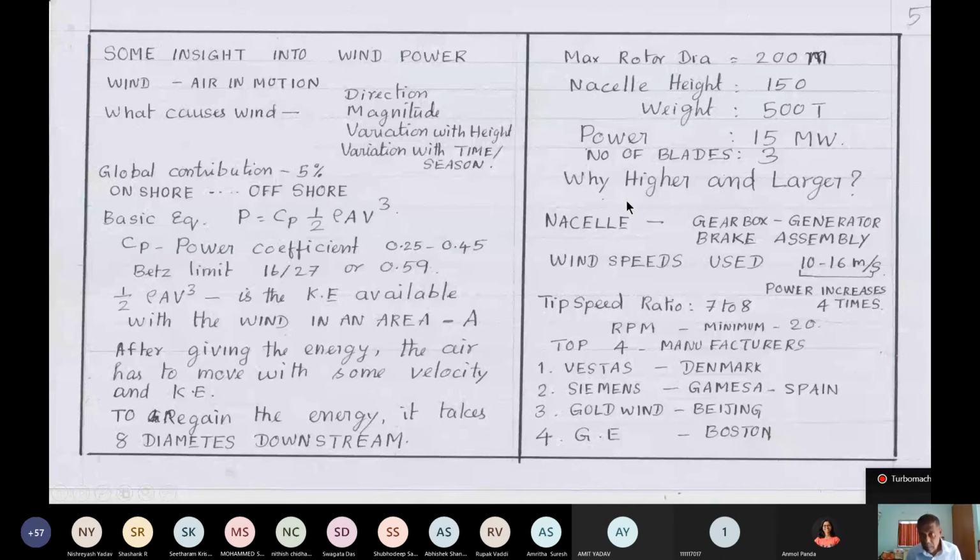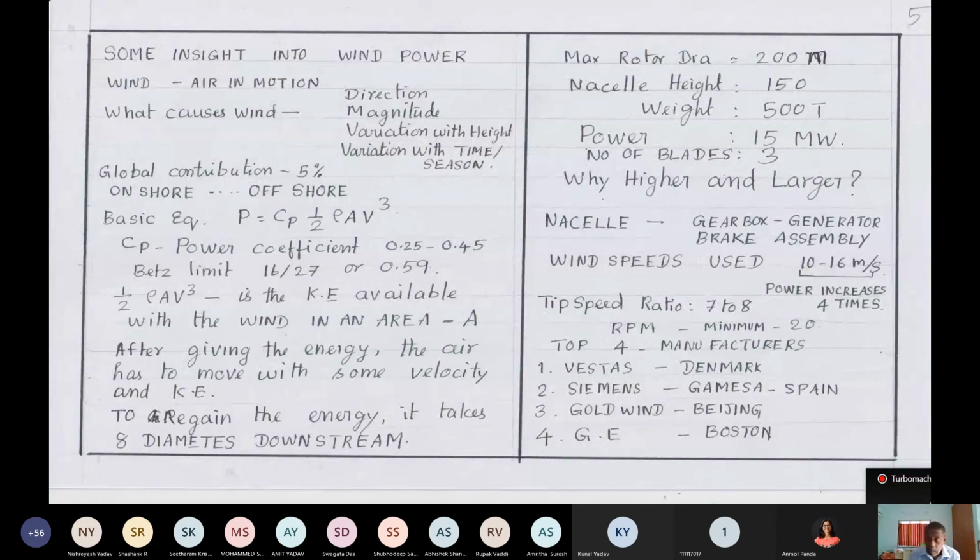So, how does the minimum RPM of 20 come, or how is that designated? See, this minimum RPM should be for the largest one. Now, if you estimate the tip speed for 20, that must give you a value corresponding to the tip speed ratio.